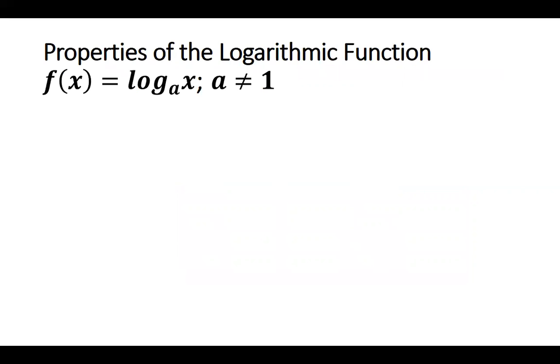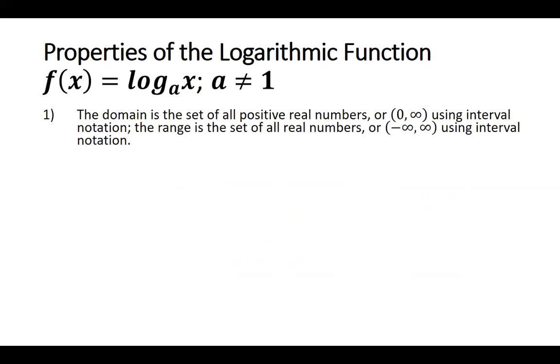So what are some properties of logarithmic functions? If you have f of x is equal to log base a of x, where a is not equal to 1, the domain is the set of all positive real numbers, and the range is the set of all real numbers. The x-intercept of the graph is 1. There is no y-intercept.